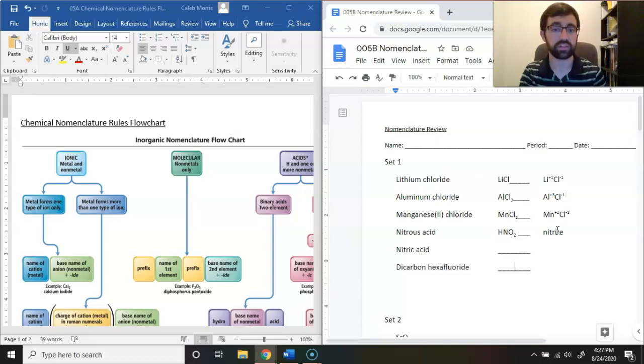Okay, down here, dicarbon hexafluoride. Well, that sounds not the same as anything else we've been dealing with. It's got these prefixes at the beginning. That's your hint that we're dealing with a covalent compound or a molecular compound. All right, so dicarbon hexafluoride, that tells me I have 2 carbon because it's dicarbon. And then hexa means 6, fluoride is fluorine.